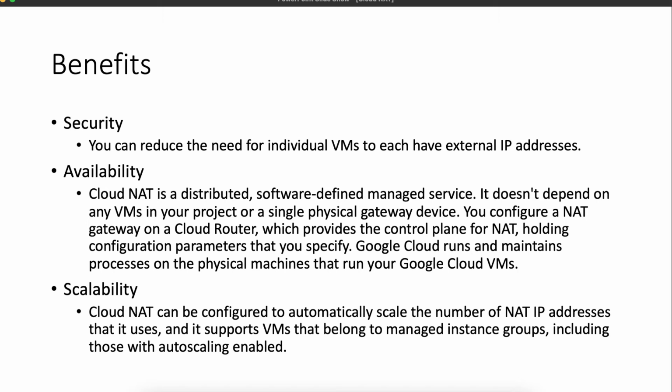Okay, now using Cloud NAT, you can get high availability, right? Because you are using a managed service, making sure that service is up and running is Google's responsibility. It's not your responsibility, right? So you are avoiding a single point of failure. If you create a virtual machine and use that as a NAT, and that virtual machine goes down, now all the virtual machines that are relying on the outbound connection and on that NAT virtual machine to be up and running will lose connectivity, right?